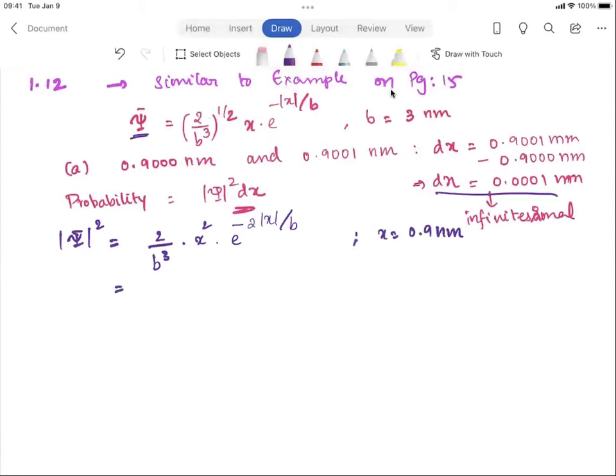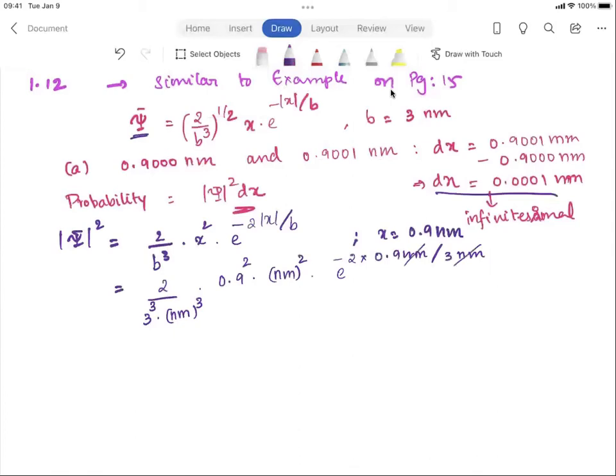If we substitute the values, this will be 3 cubed times nanometer cubed, then x squared, which is 0.9 squared, and then 2 times 0.9 nanometer divided by 3 nanometers.